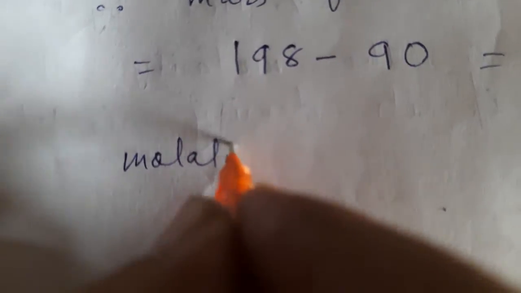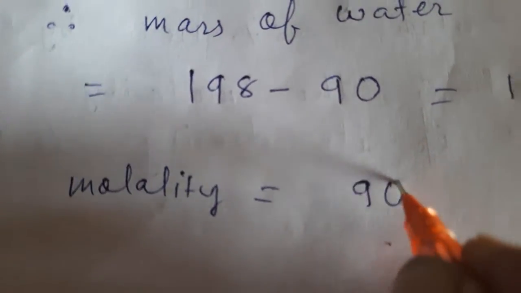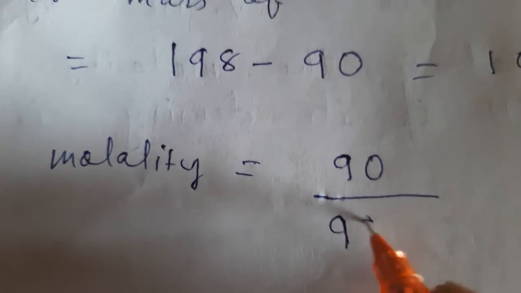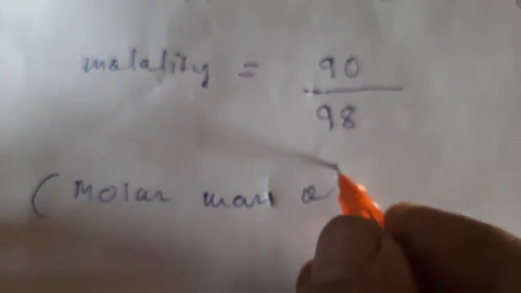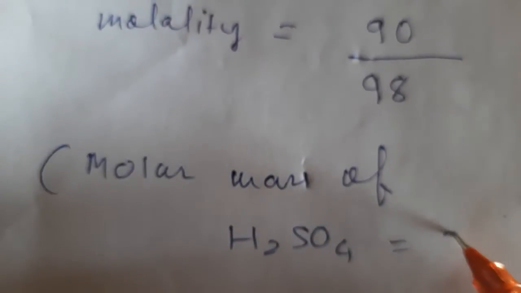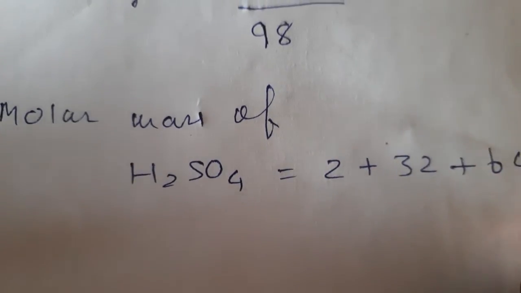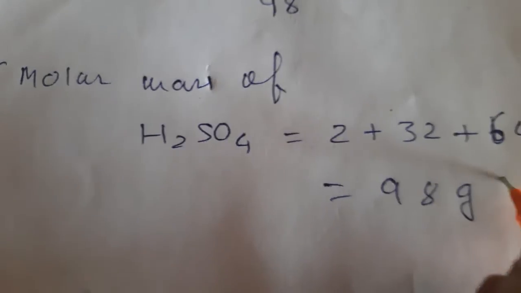Molality is equal to 90 gram divided by the H2SO4 molar mass, which is 98. Write here the molar mass of H2SO4 is equal to 2 plus 32 plus 64, which is 98 gram per mole.